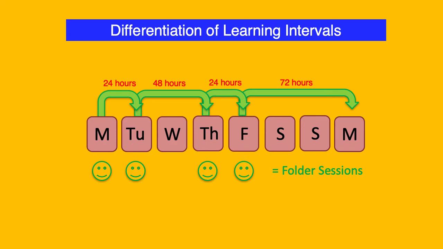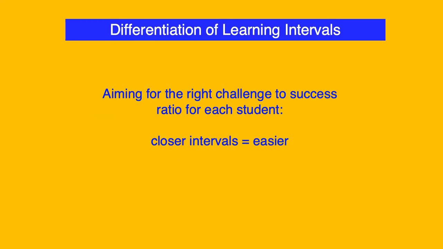What we're actually trying to do is we're trying to get the right challenge to success ratio, and that is we would like to see students experiencing success from about pocket number 2 or 3. We would like to see that flashcard is starting to move forward consistently.